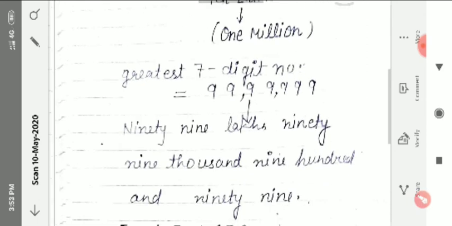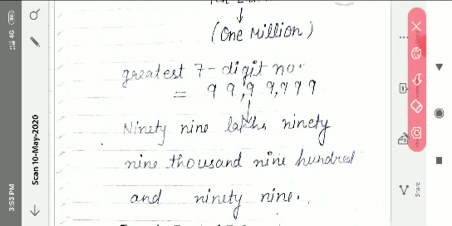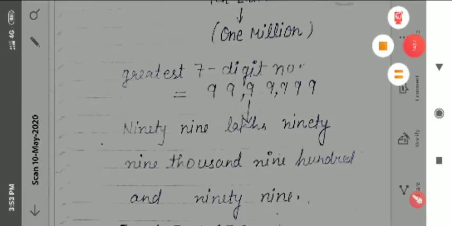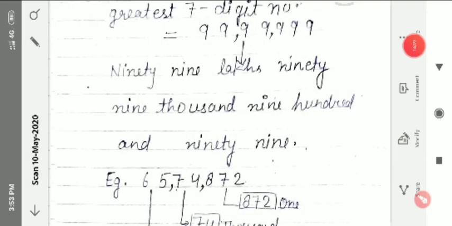Write 9 seven times, and what will the naming word be? We call it 99,99,999.